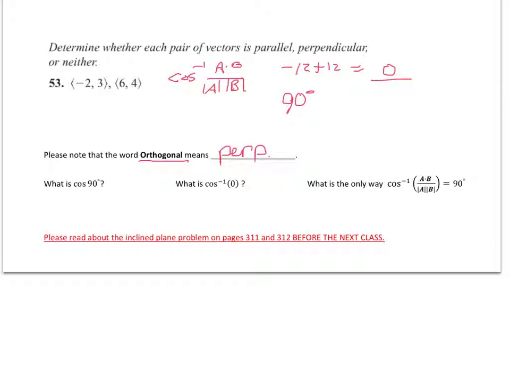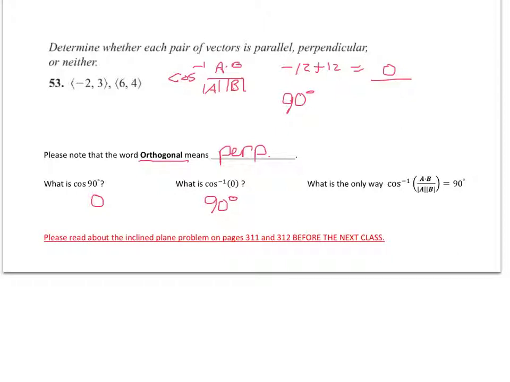Okay, so now just a quickie review here. What's the cosine of 90? 0. What's the arc cosine of 0? 90. So what is the only way that the arc cosine of A dot B over the product of their magnitudes is 90? If the dot product is 0, right?